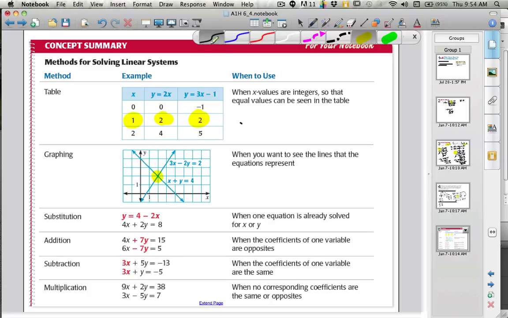I can do substitution, addition, subtraction, and then I can multiply first in order to do addition or subtraction. Equally, I could divide so that I can do substitution. Either one. We can do any of the things that are legitimately appropriate in algebra in order to arrange the equations to be able to accomplish our goal, which is solving the system.